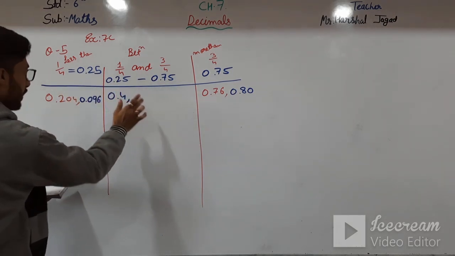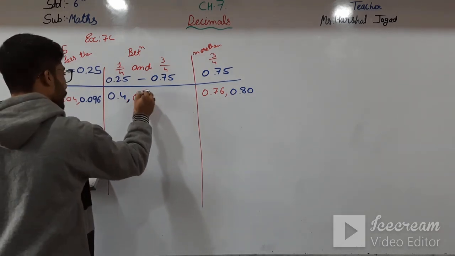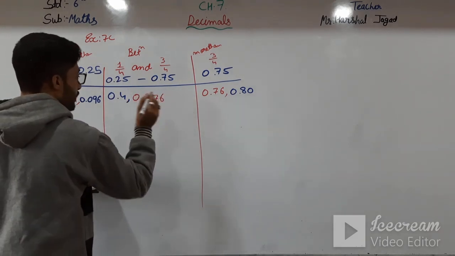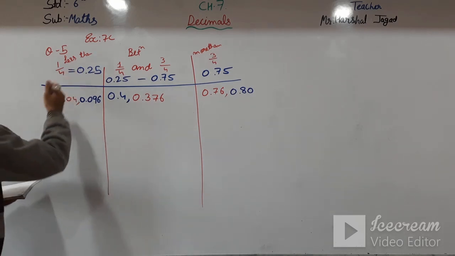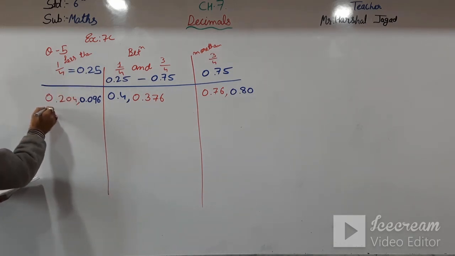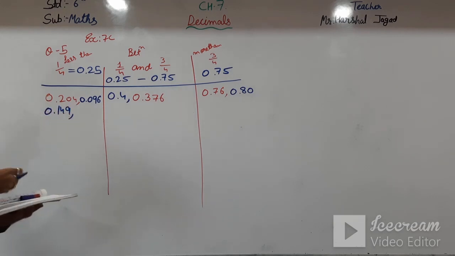0.376 will come here. Okay. G, that is 0.149. It is less than this, so we will write it over here, 0.149.